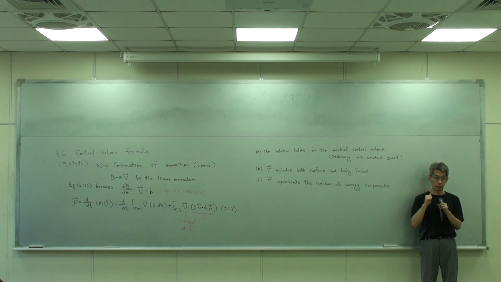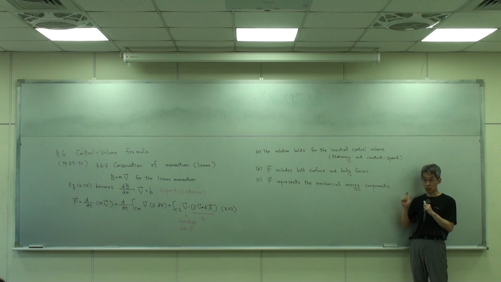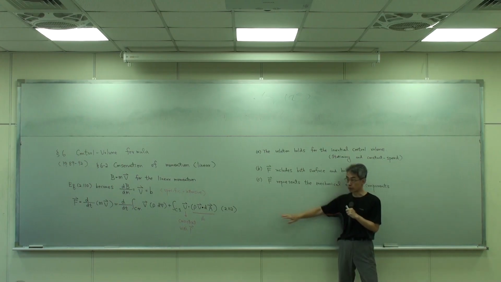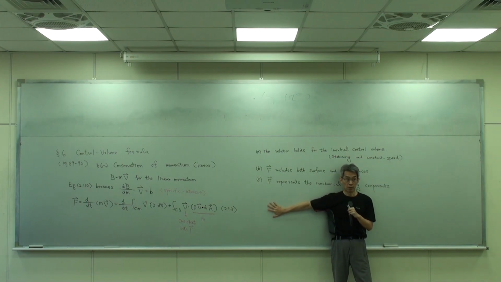So if there is no temperature difference, then what kind of equation will the energy equation become? We mentioned before. Yeah, it becomes the Bernoulli equation. So basically, you can use the momentum equation to get the Bernoulli equation.